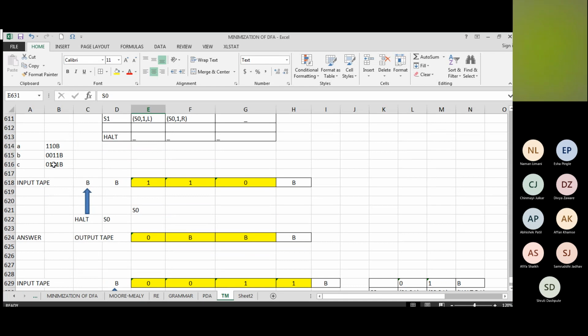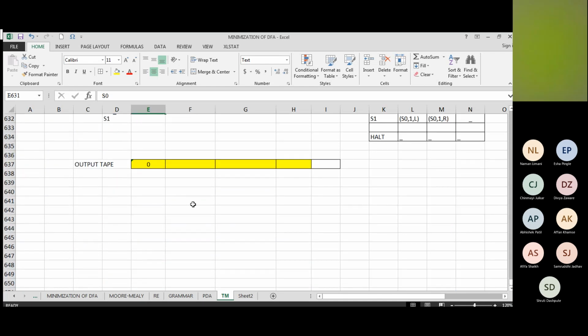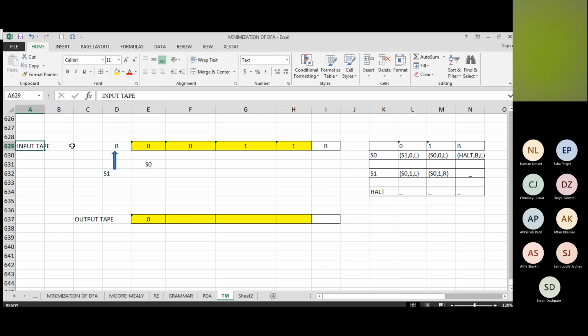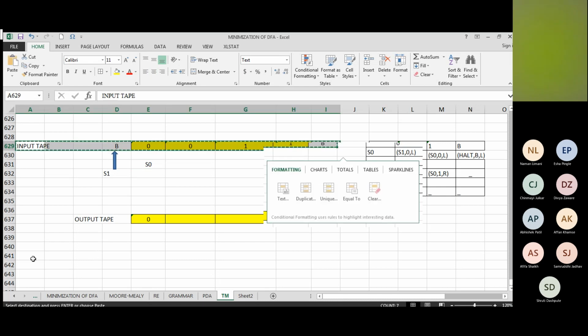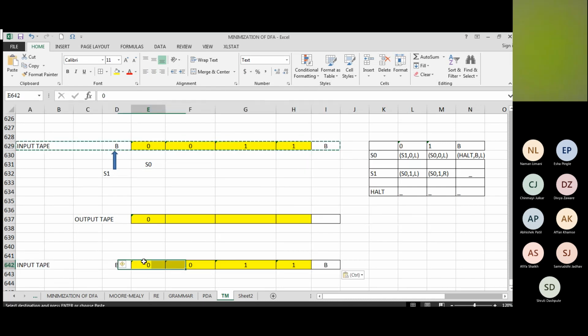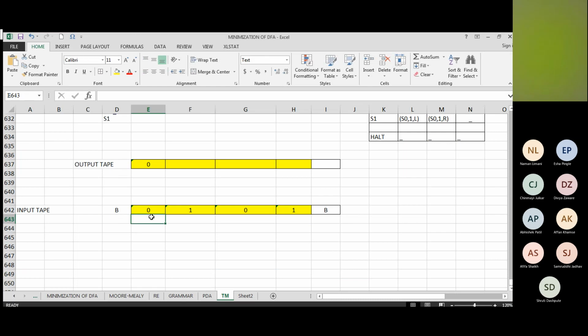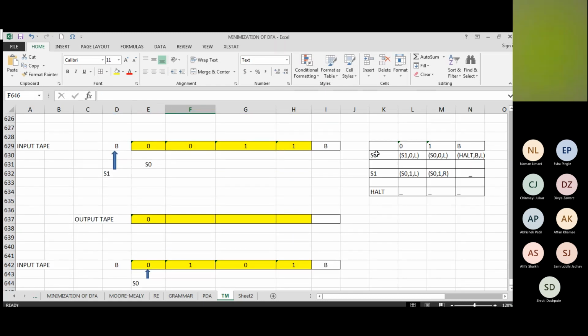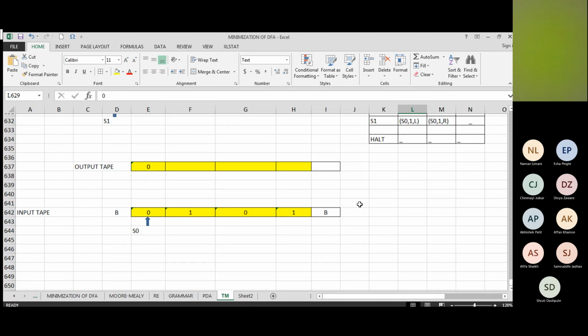Next is third one, 0101 B. Again this will start in the initial state with S0. S0 is processing 0.